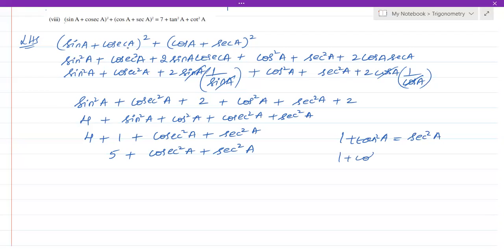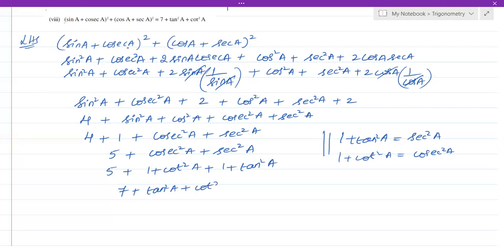And 1 plus cot² A is equal to cosecant² A. Therefore, in place of secant² A, we can write 1 plus tan² A, and in place of cosecant² A, we can write 1 plus cot² A. So 5 plus cosecant² A can be written as 1 plus cot² A, plus secant² A can be written as 1 plus tan² A. Now if you add all the digits, 5 plus 1 plus 1 is 7, plus tan² A plus cot² A, which is nothing but our RHS.